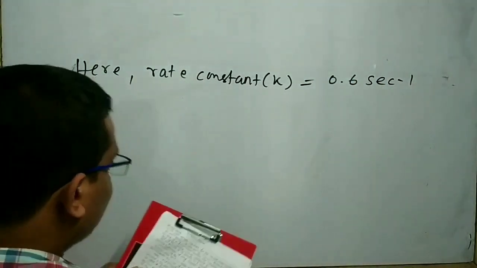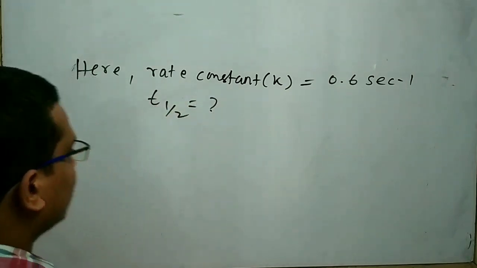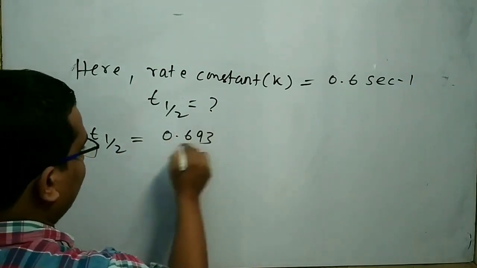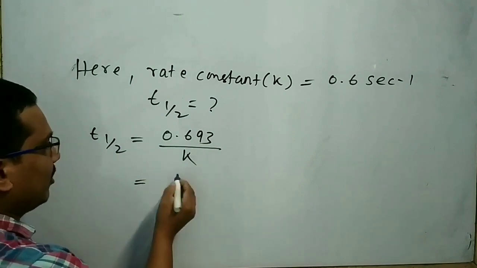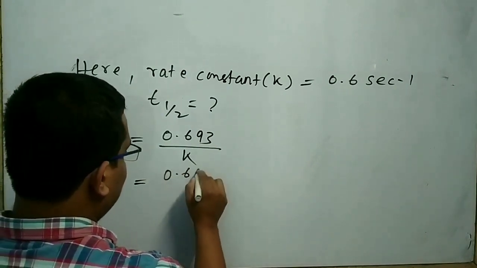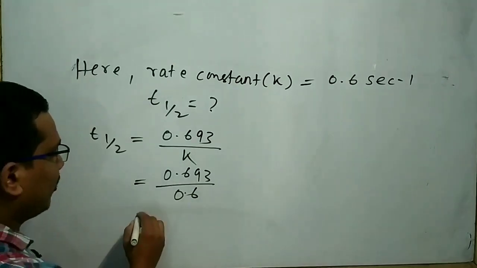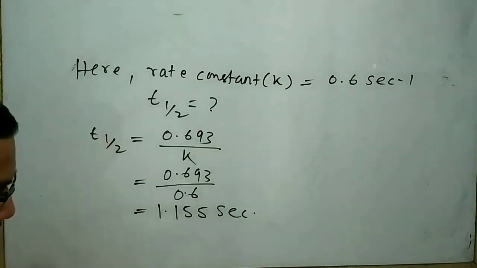Our aim is to find out T half. For a first order reaction, we know that T half is equal to 0.693 divided by K. Now put the value of K here, then we can write 0.693 divided by 0.6. After solving, the value of T half is 1.155 second.